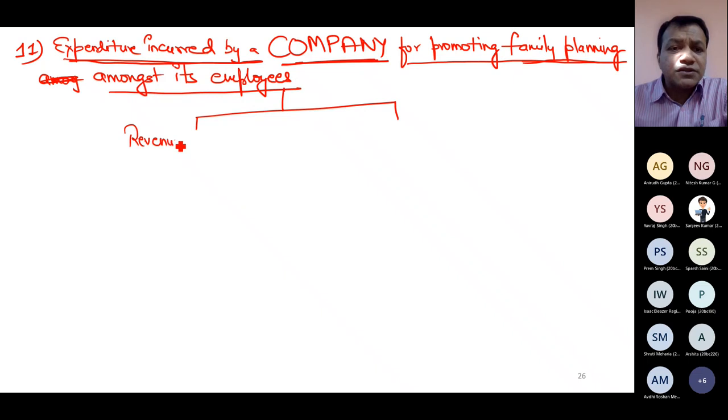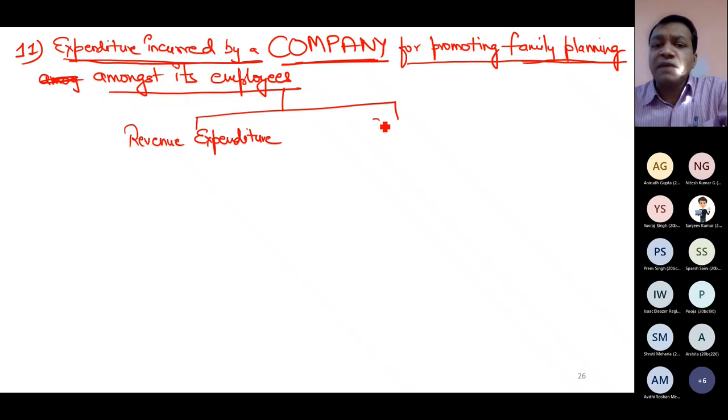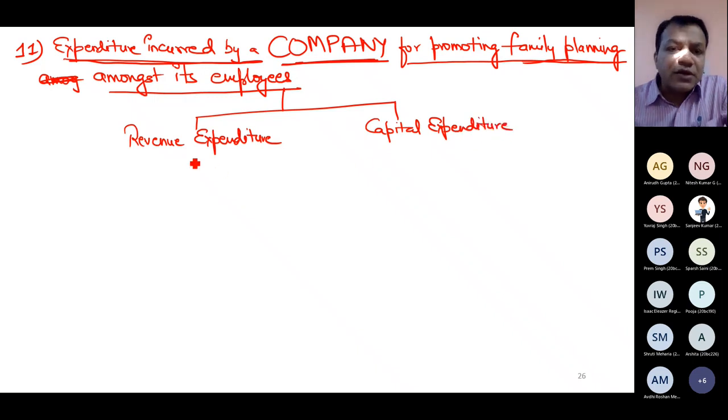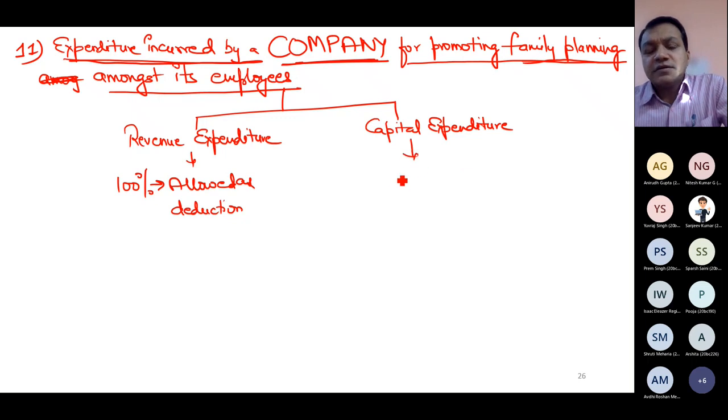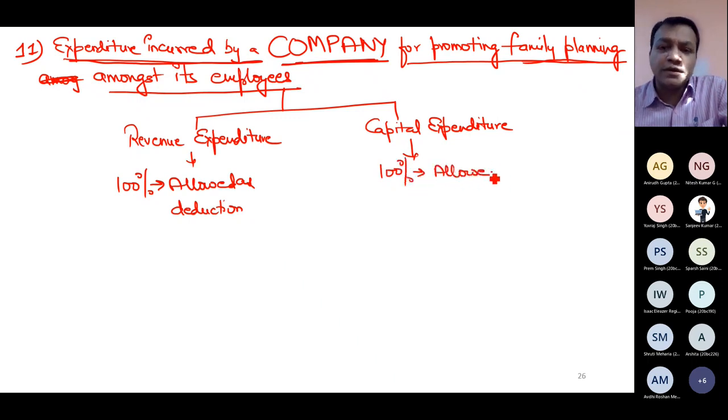They will ask a question: is this a revenue expenditure or a capital expenditure? If it is revenue expenditure, 100% is allowed as deduction. If it is capital expenditure, then it is also 100% allowed, but in 5 equal annual installments, not in the same year.